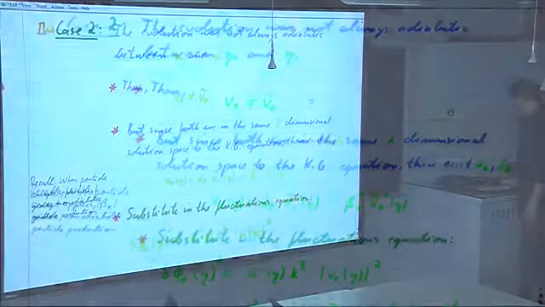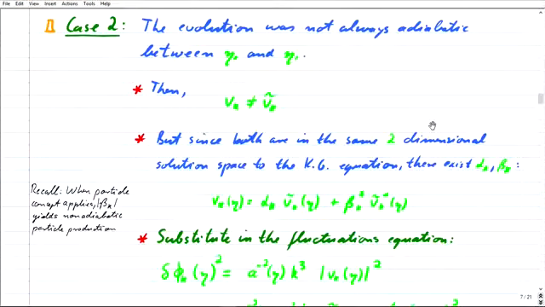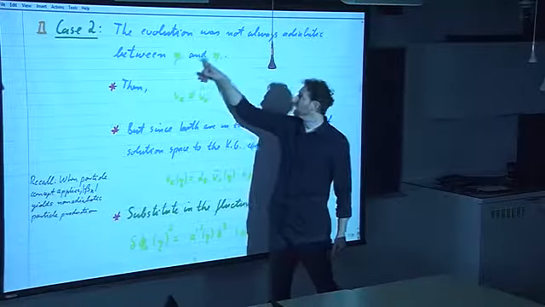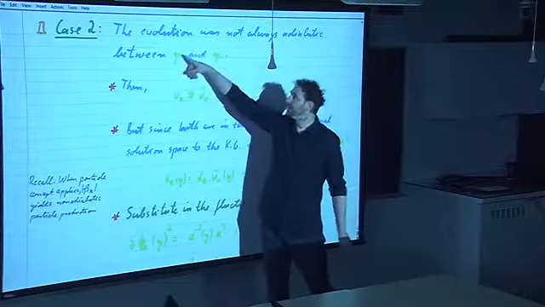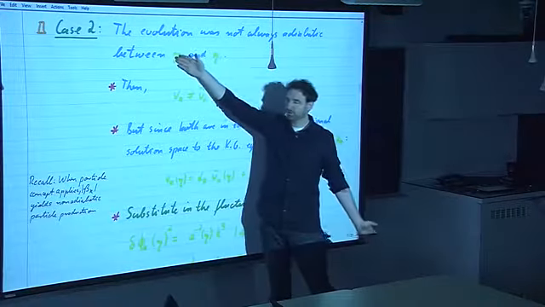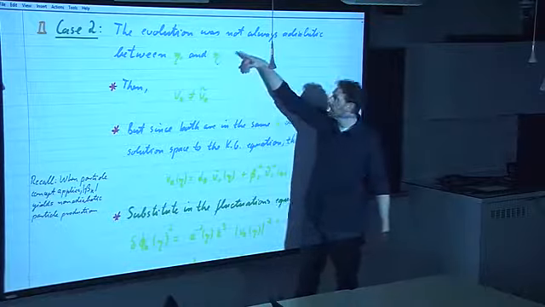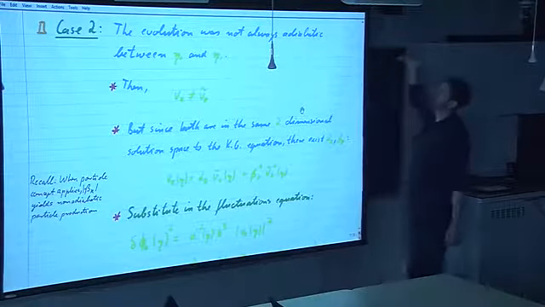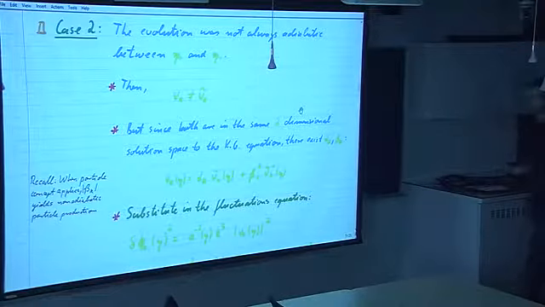Now let's look at case 2, where the evolution was not always adiabatic between eta naught and eta 1. So let's assume that the evolution was adiabatic in the neighborhood of eta naught when the system was prepared in the vacuum state. And then it's also adiabatic around eta 1, but let's say it wasn't always adiabatic in between.